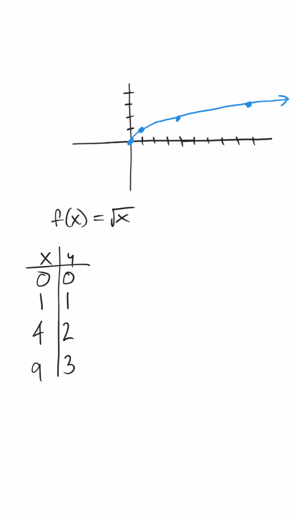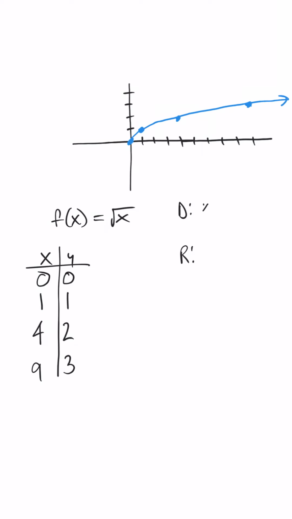Now, very commonly in problems that request a graph like this, there's also a question having to do with the domain and the range. The domain for this function, in other words, all of the x values that you could put into this function and get a real number back, would start at 0 and then go to infinity.